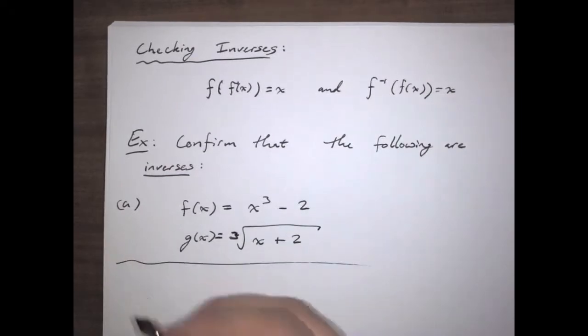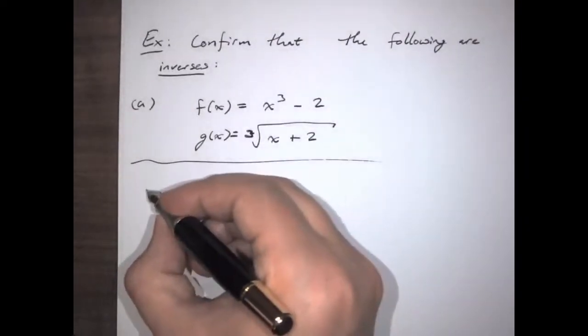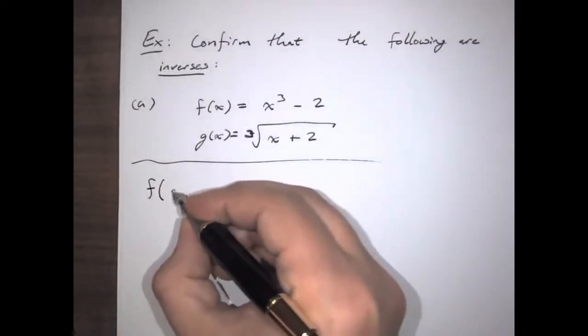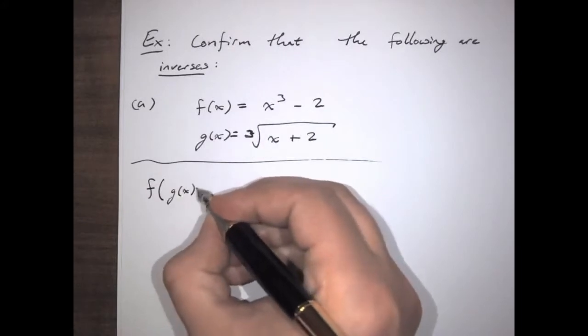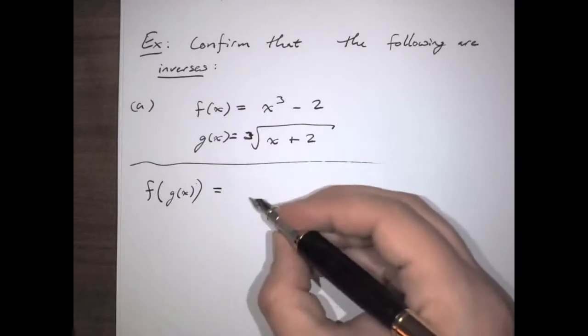Well, if these are really inverses of each other, then f of g of x should just cancel out and give me just x. So let's find out.